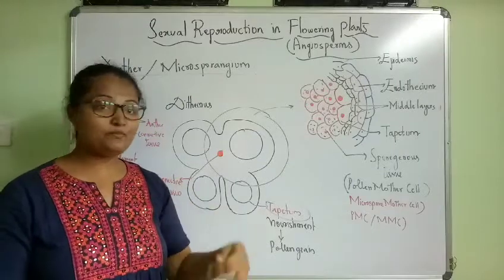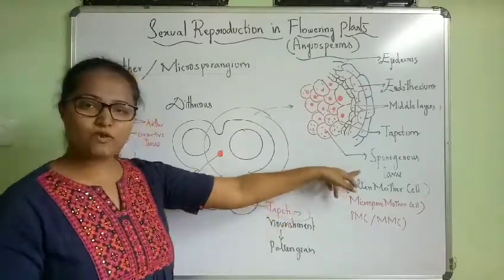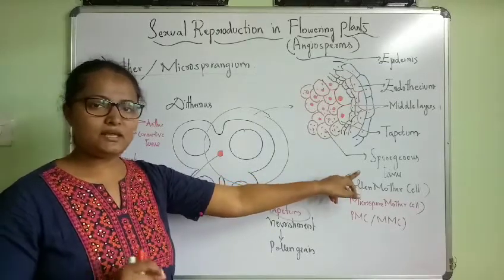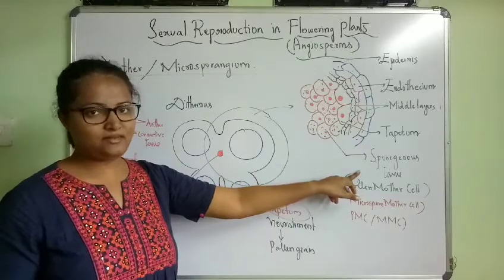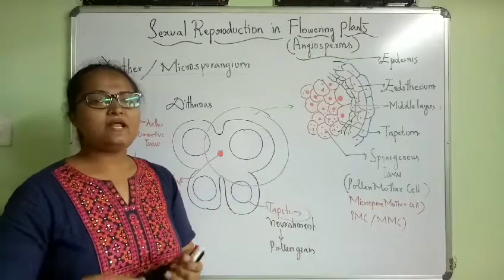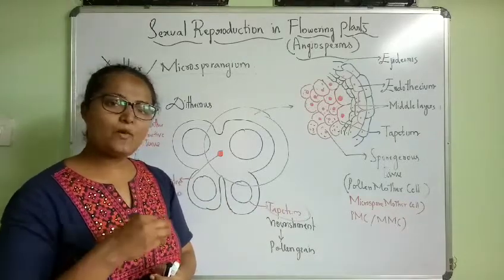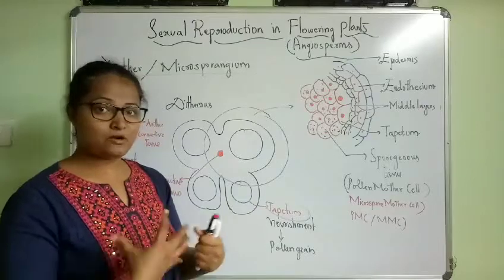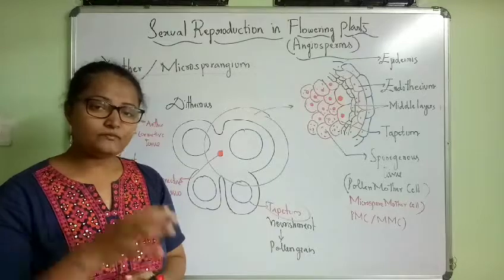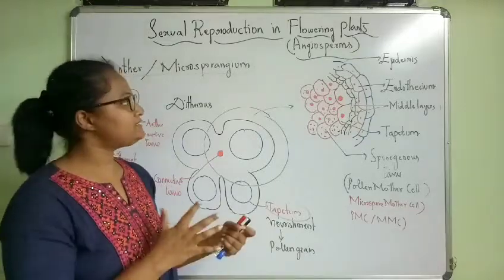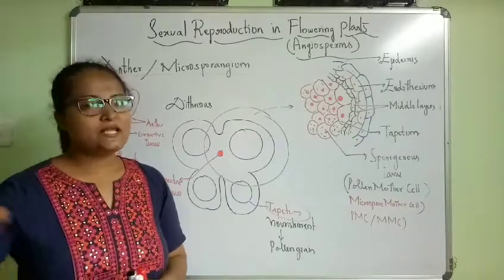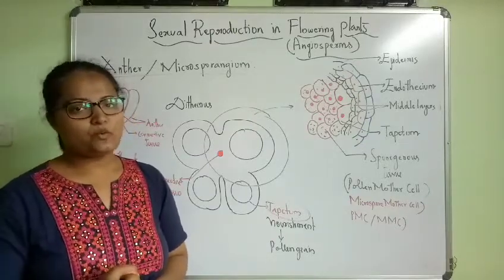In the beginning it was filled with the sporogenous tissue, that is the young anther. How can we differentiate young anther and mature anther? Young anther contains sporogenous tissue within the microsporangia, whereas mature anthers contain pollen grains within. Hence those are called pollen sacs or pollen chambers. So this is the structure of microsporangia or anther. Next we'll go with microsporogenesis.